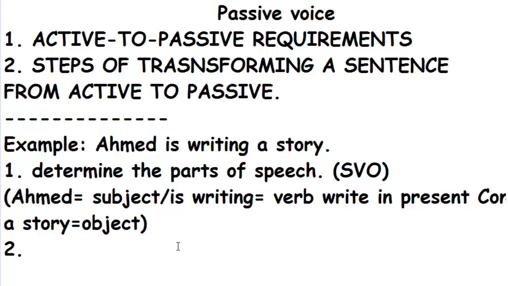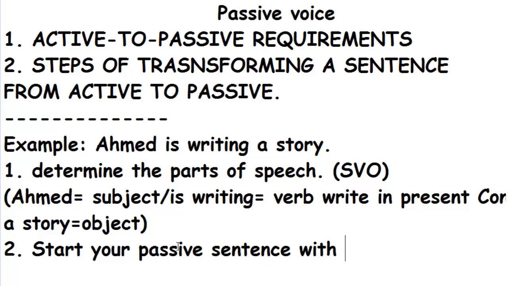Let's move on to step number two. After determining the parts of speech, you have to embark on the transformation. Start your passive sentence with, of course, the active object.